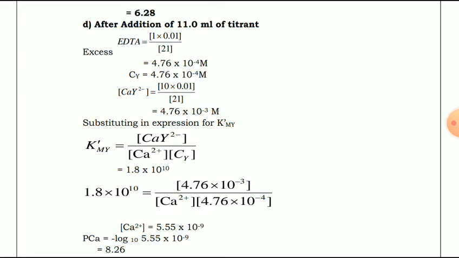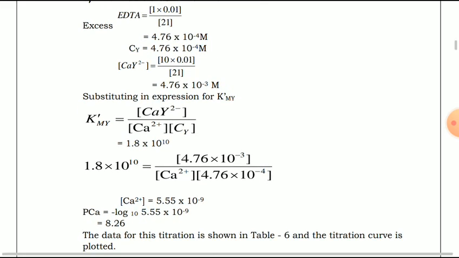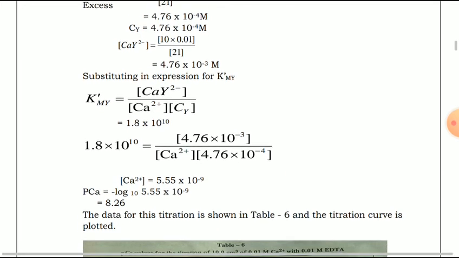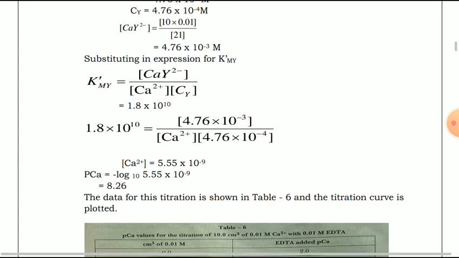So now we have covered all 4 steps for the calcium EDTA titration, or complexometric titration. Now we will see the table of the calculated values of pCa and the titration curve.